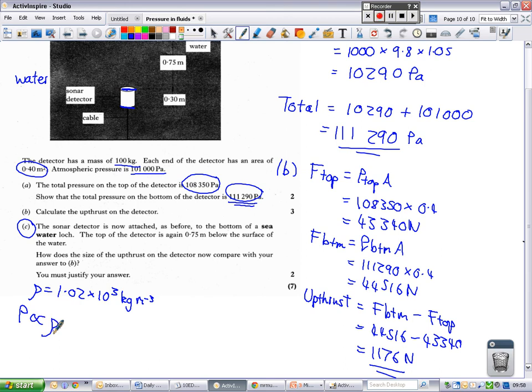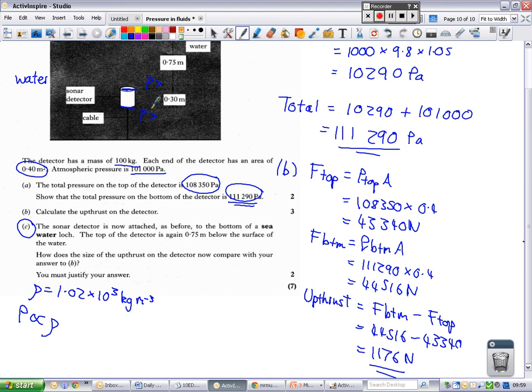So if pressure increases with density and everything else is the same, then the pressure difference must end up being greater, because we're going to have more pressure here. Pressure is going to be greater at the bottom, and greater at the top. So we're dealing with bigger numbers, and therefore we're going to have a greater pressure difference.